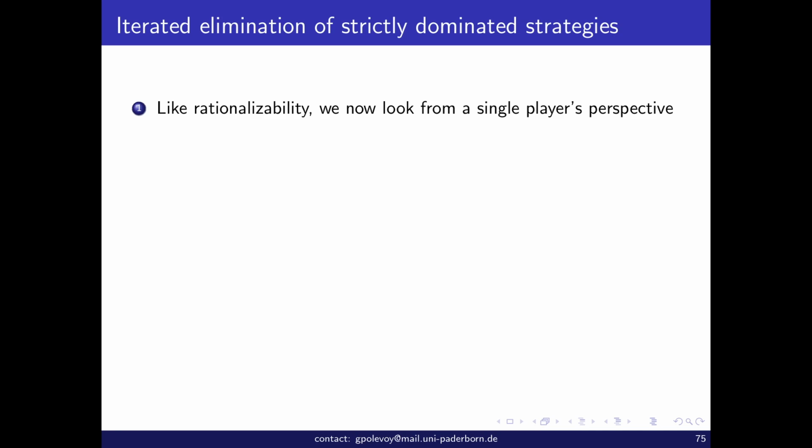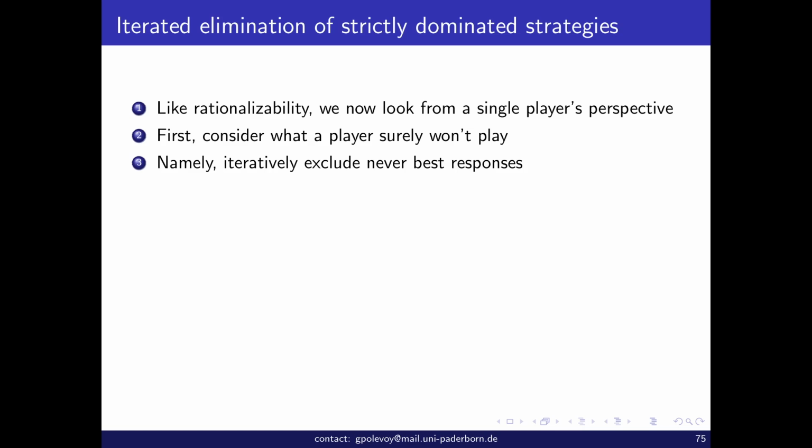By the way, dominant strategies is something like that, but now we are talking about something else. At least at the first glance, it's not that. It's not dominant strategy, it's something else. What we are looking at is consider what a player surely won't play. So we spoke about rationalizability, which is a complex concept, but what the player surely won't play.